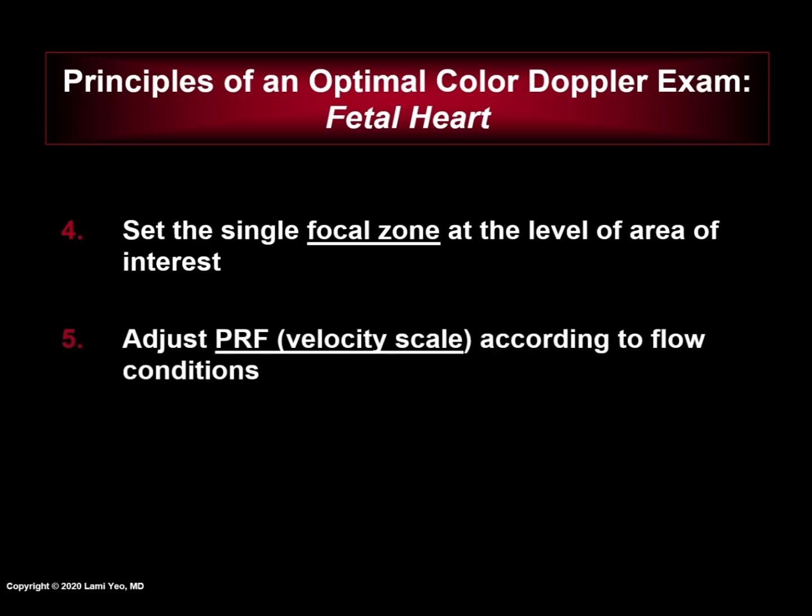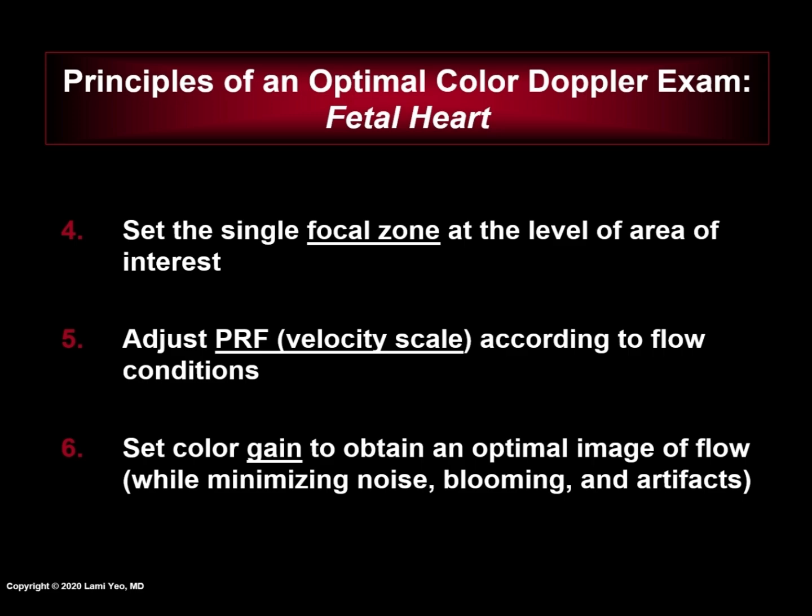Adjust the PRF, or pulse repetition frequency, velocity scale, according to the flow conditions. In general, when examining high velocity flow, such as flow through the great vessels, increase the PRF. Otherwise, if the PRF is set too low, aliasing will occur. When examining low velocity flow, such as the pulmonary veins, a low PRF should be used.